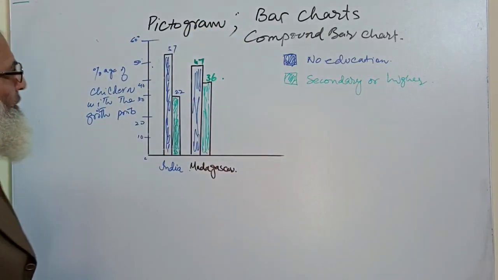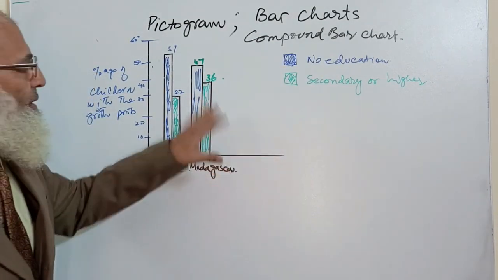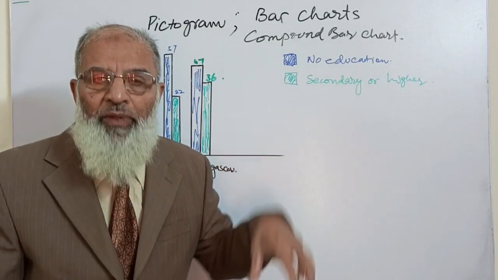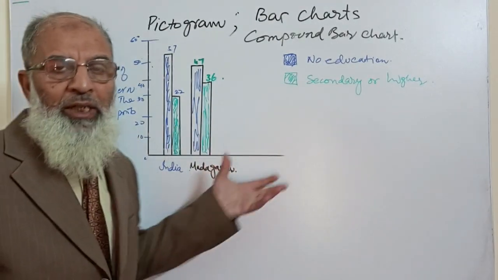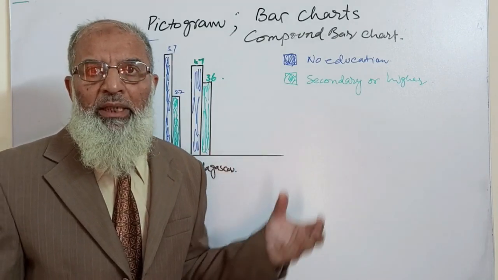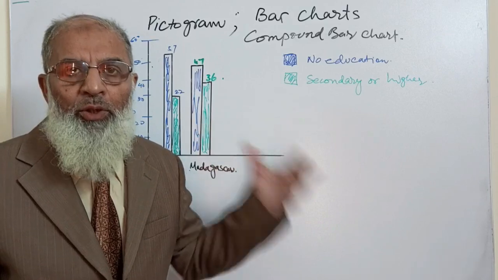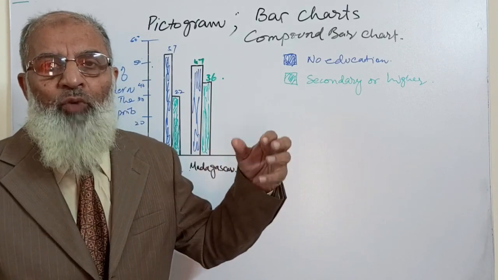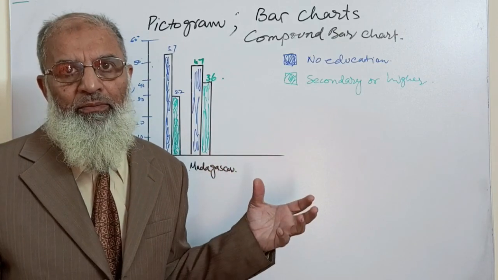Now, my dear students, you can easily guess now that this chart was depicting the mothers who have education or no education, and what is the impact of the mother's education on their children.